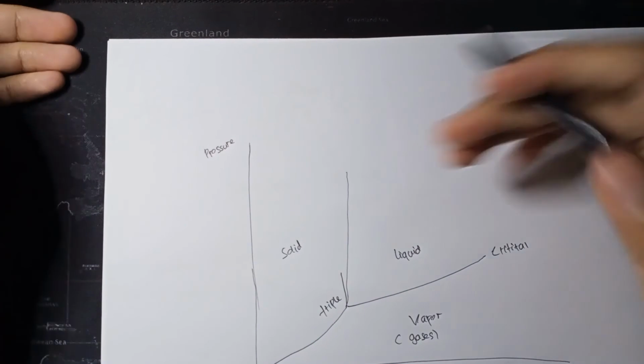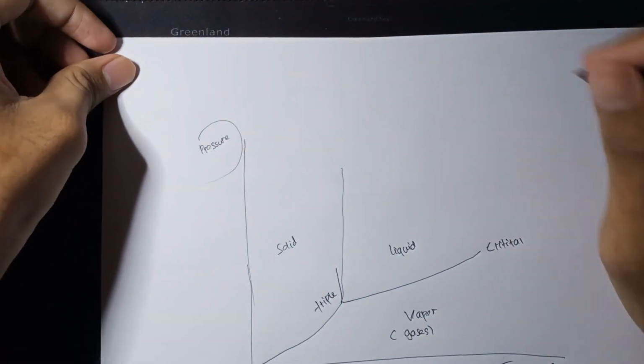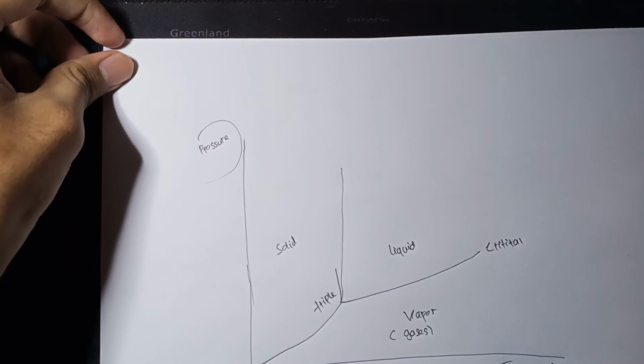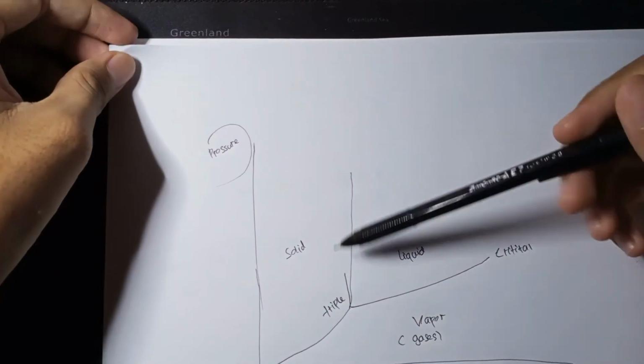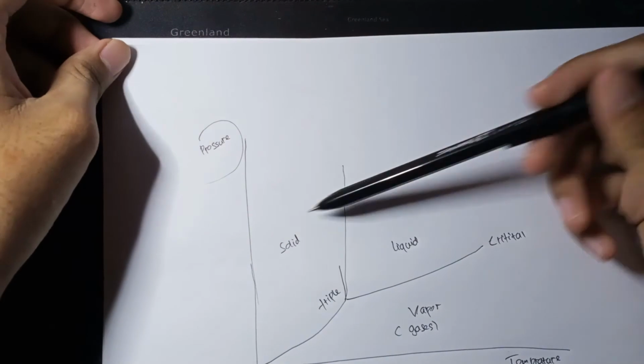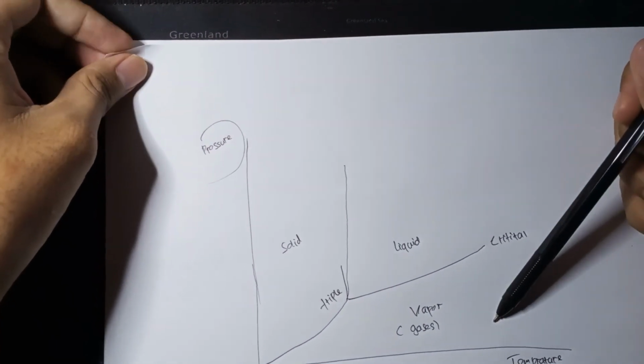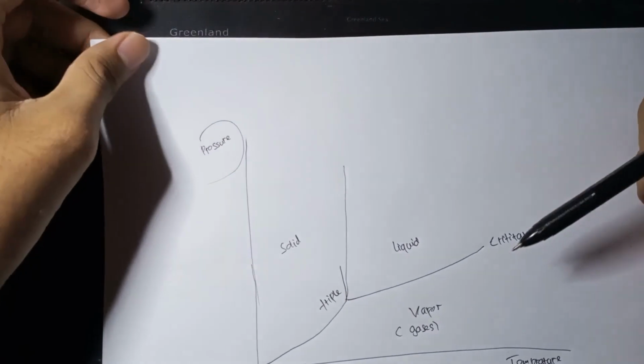The pressure is here and the temperature is here, and you can see there is the solid part, the liquid part, and the vapor part. Overall, that's the phase diagram.